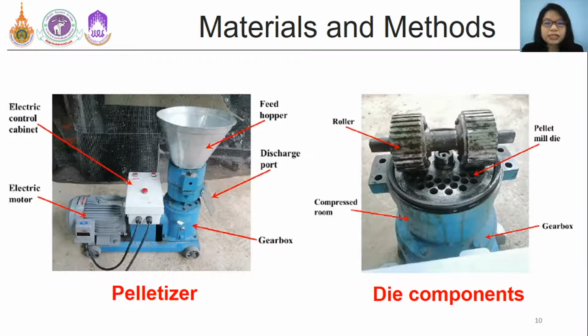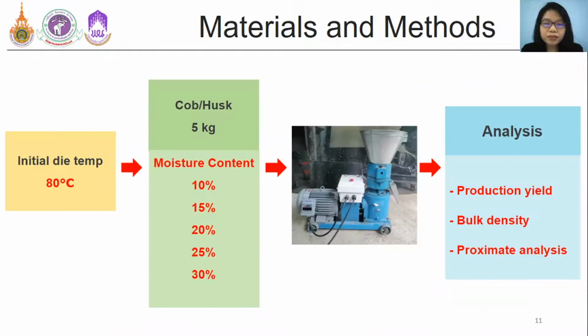The pelleting process was carried out in the flat die pelletizing mill with 8 mm diameter holes and initial die temperature of 80 degrees Celsius as shown in the figure. In the typical run, 5 kg of sample was fed into the pelleting machine.